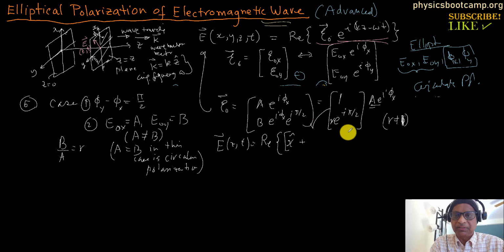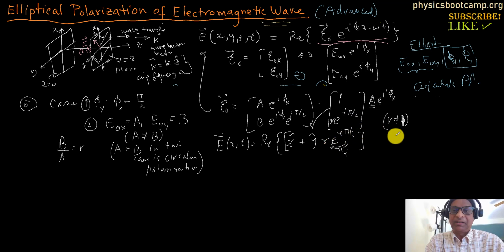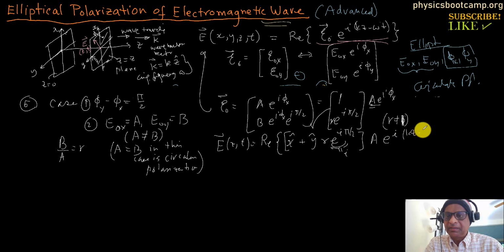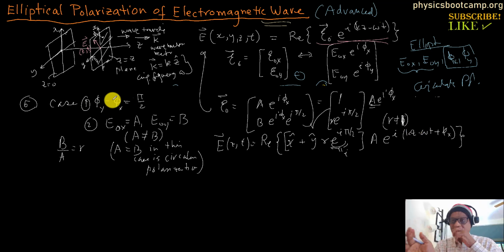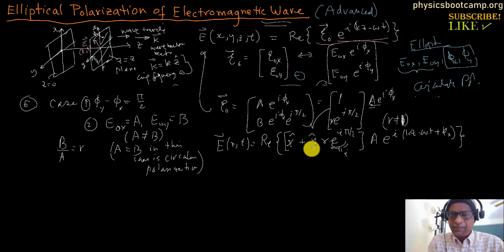This one is just, I write down in this solid vector here, and y hat times r e to the power i pi over 2, which is the same as i, this is equal to i if you want it to be a little bit compact. And then you have amplitude A, and then you have e to the power i (kz minus omega t plus phi x). That was the one that we were writing with respect to, which is the difference. The difference is what's important. If you have two waves, the difference is what's important.